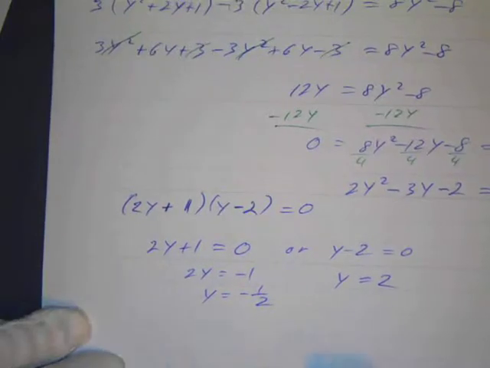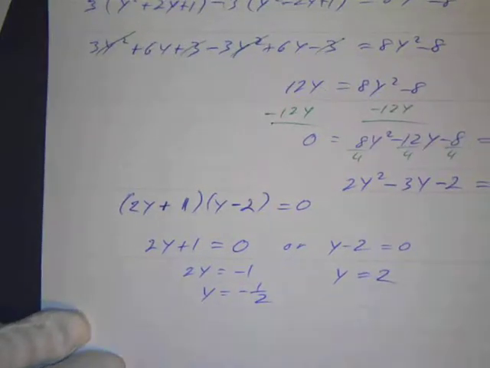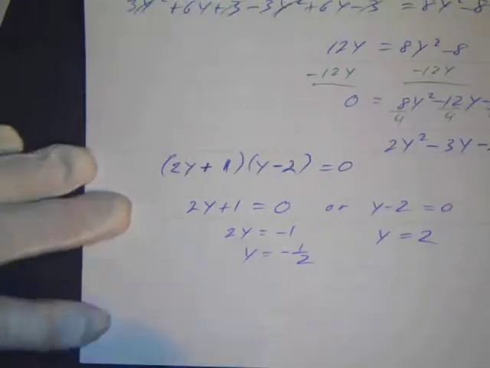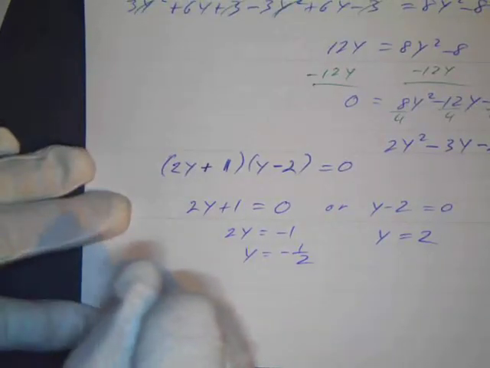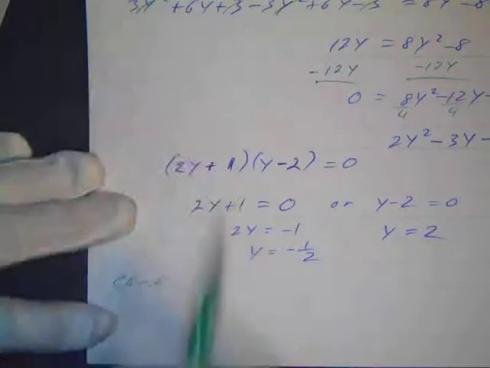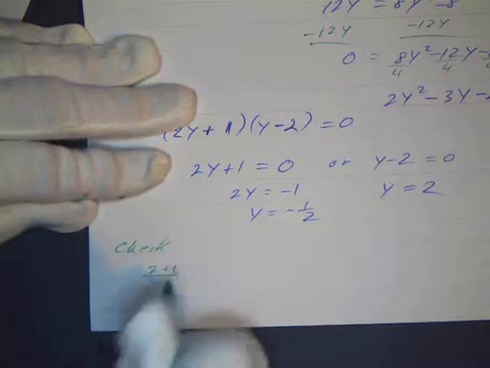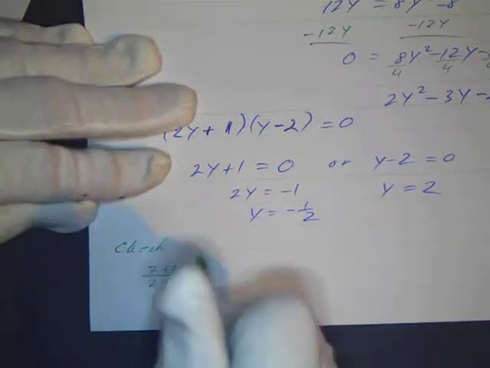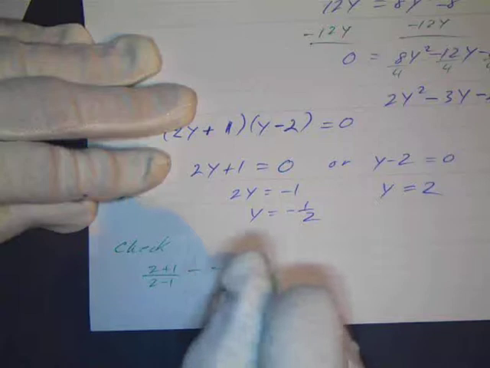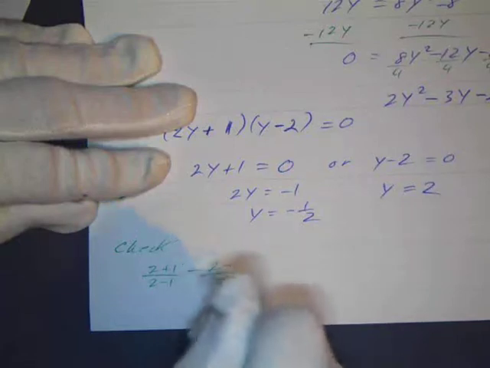So if I put 2 in here, this is the check. Every time I see a y, I'm going to put a 2. So 2 plus 1 over 2 minus 1, minus 2 minus 1 over 2 plus 1.